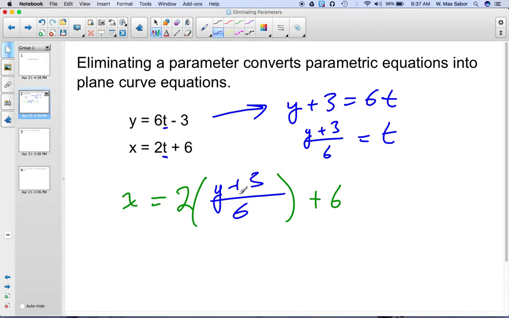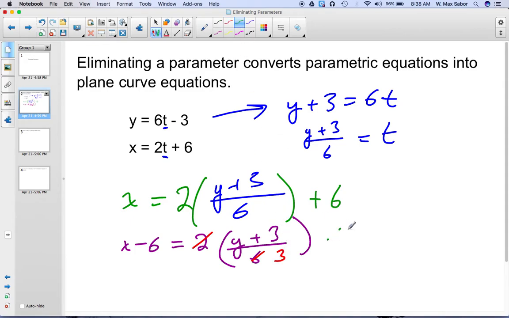Now we can solve this for y. Subtract 6 from both sides. The 2 and 6 can be simplified to 3, and then we can multiply by 3 on both sides.